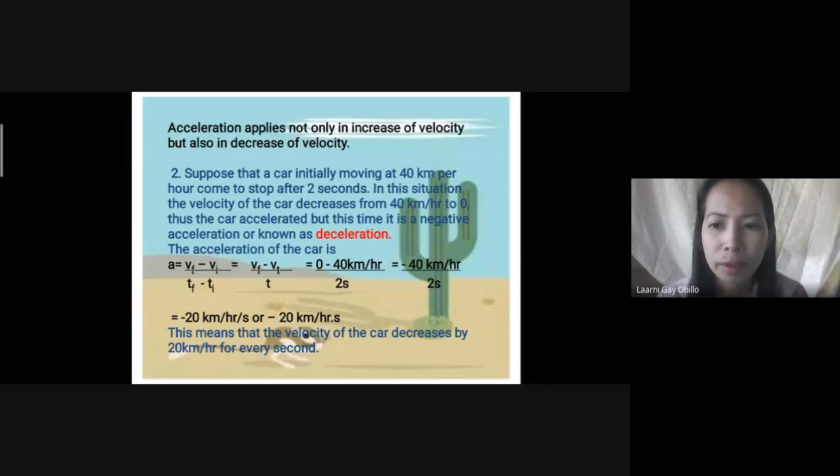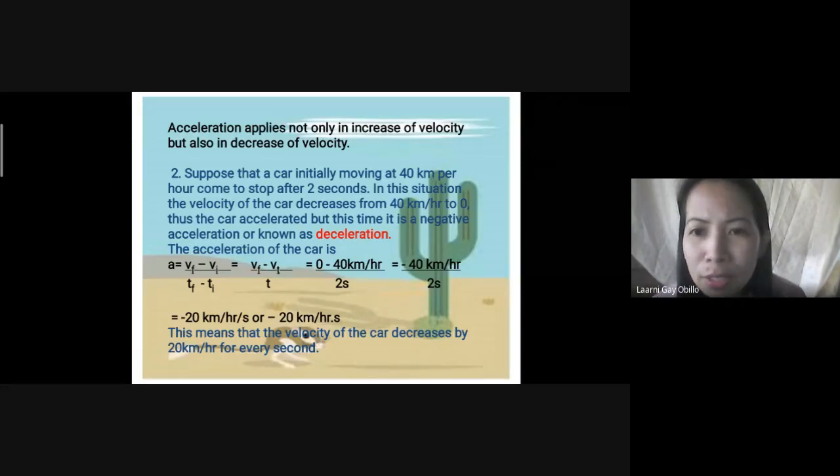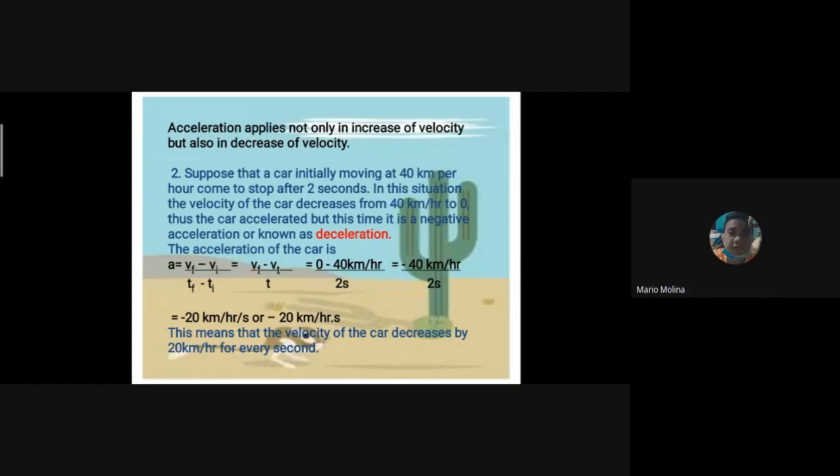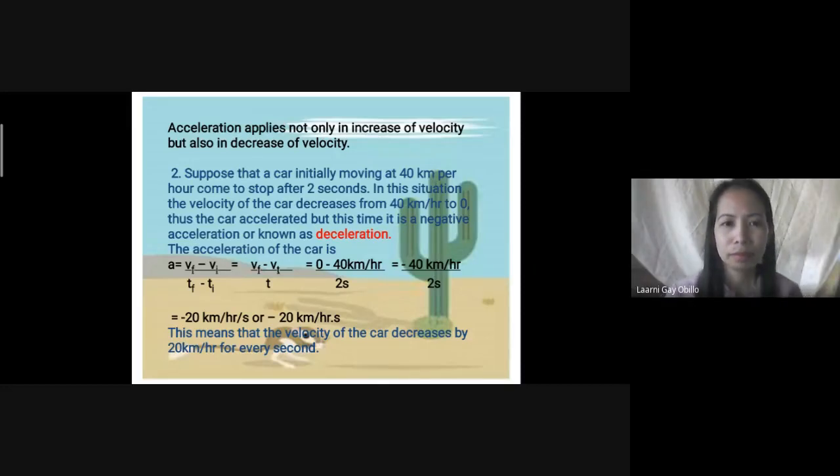Or sa akin lang ba? Nawala yung alin? Yung sounds mo? Okay, sige, si Mario na lang. Okay, sige po. Sige, Miguel. Nawala din yung mic ni Miguel, ay ni Mario.